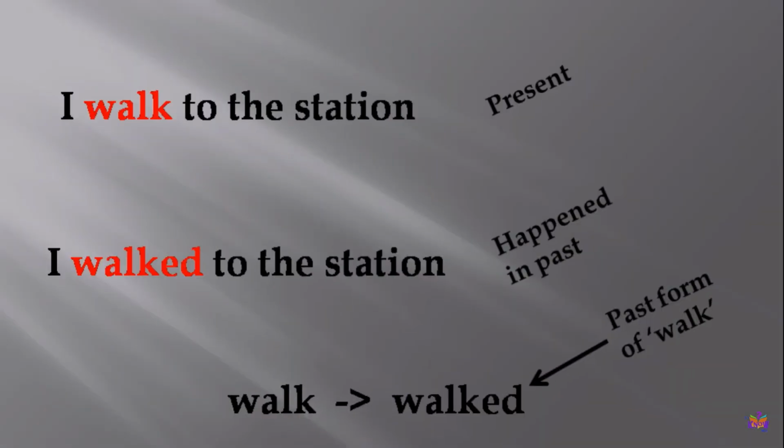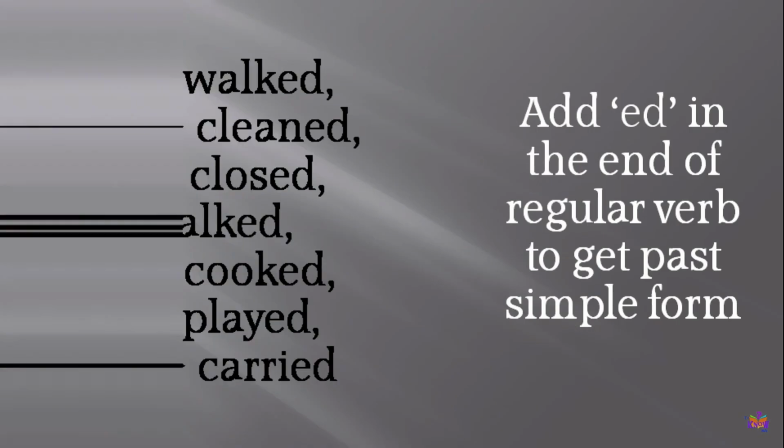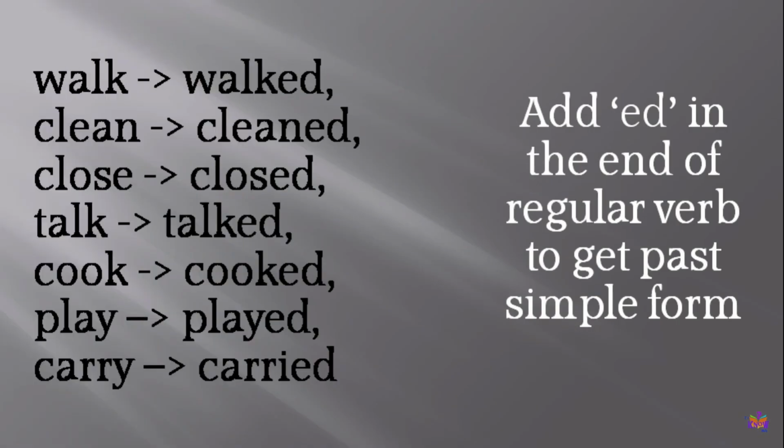To talk about the past, we need to know the simple past form of verbs. If I say I walk to the station, it means I do it in the present. If I say I walked to the station, I am talking about something which happened in the past. We just added ed to the verb, walk to walked. Past form of regular verbs ends with ed, like walk to walked, clean to cleaned, talk to talked, play to played, carry to carried.